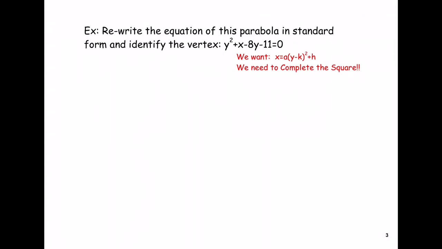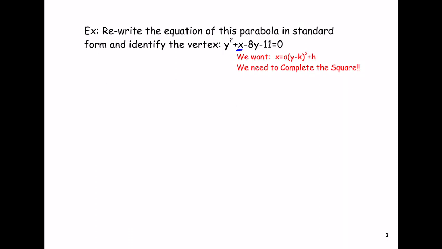The next example says rewrite the equation of this parabola in standard form and identify the vertex. In order to write the equation in standard form, if we have y squared plus x minus 8y minus 11 equals 0, we need to complete the square. To complete the square, you want to move everything away from the term that does not have a square.